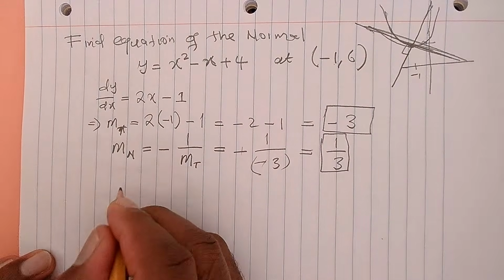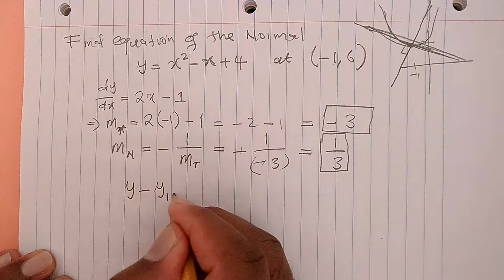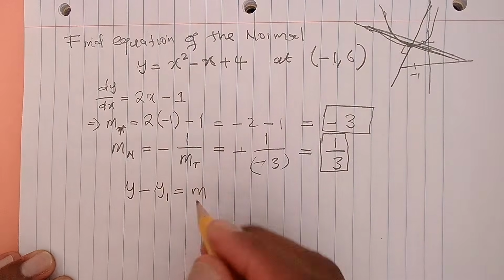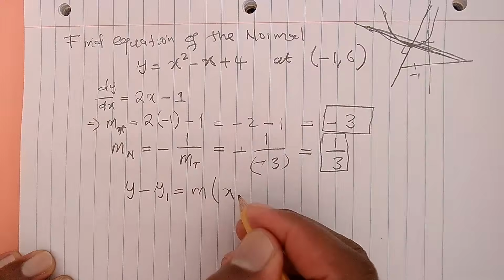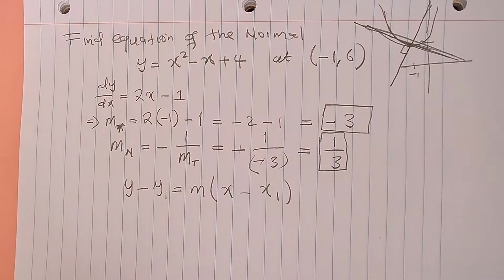So again, we say the equation is y minus y1 is equal to m, in this case m sub n, then x minus x1. Then what do we have?